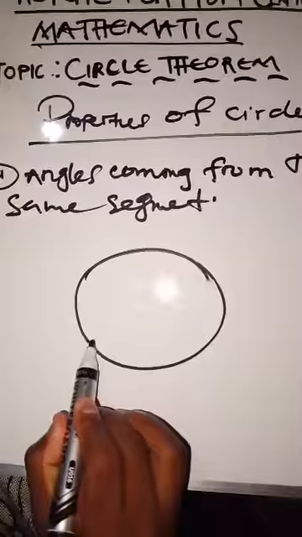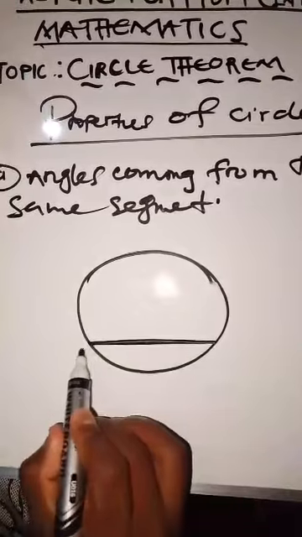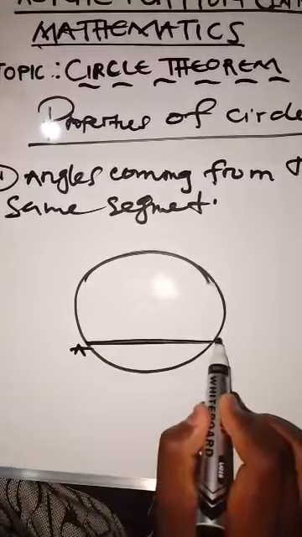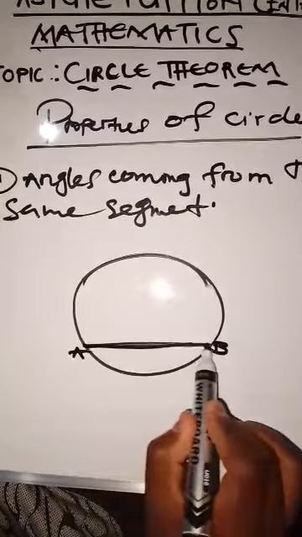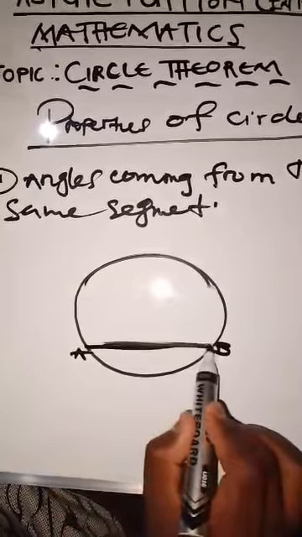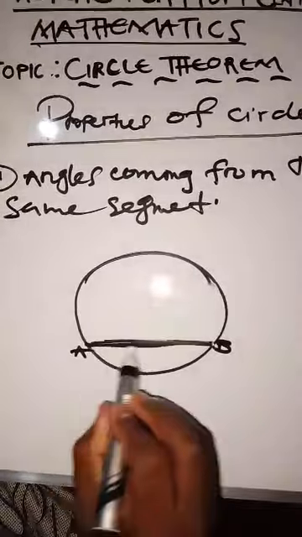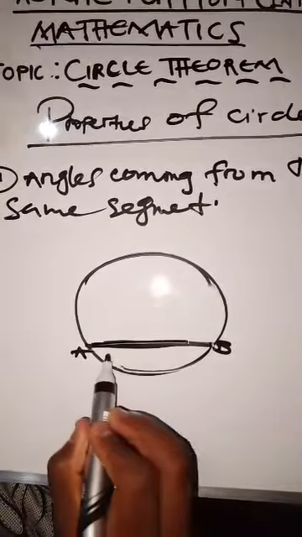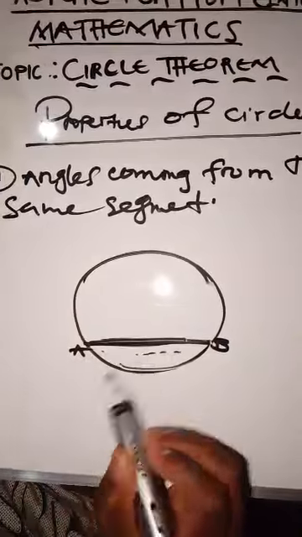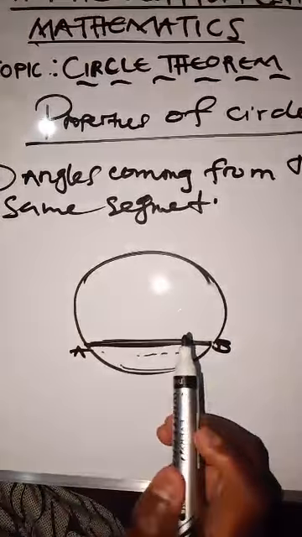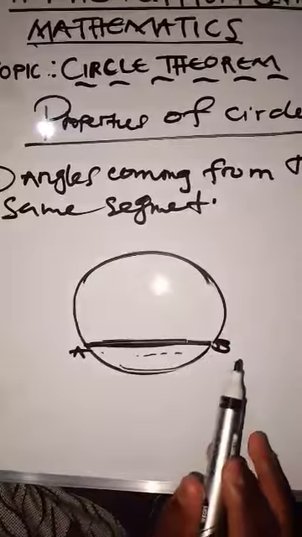Then you have got this line here, which is AB. Now this line is known as a chord. Okay, a chord. Then a segment is the space between this chord and the circumference. So this space here is what is known as a segment. Okay, so now angles coming from the same segment.